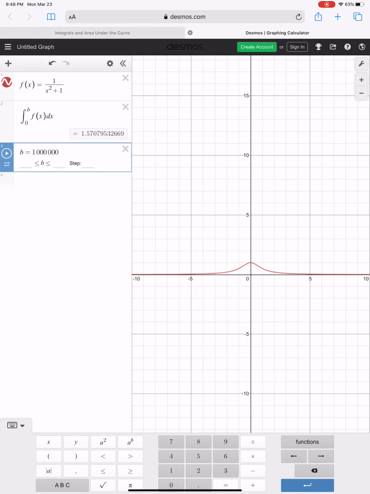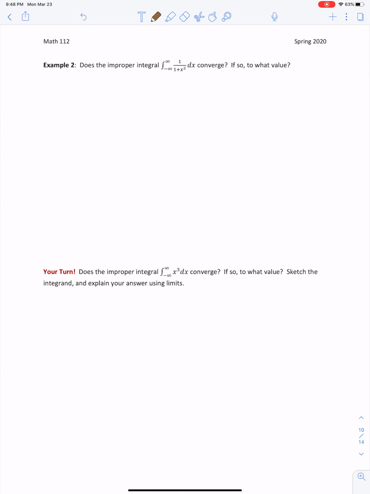So let's go back to our handout and think about this computation then. What we want to be considering is that this integral is equal to the integral from minus infinity to 0 of 1 over 1 plus x squared dx, plus the integral from 0 to infinity of 1 over 1 plus x squared dx.